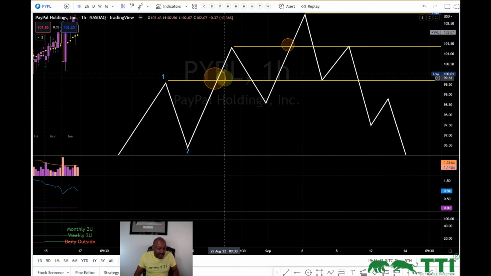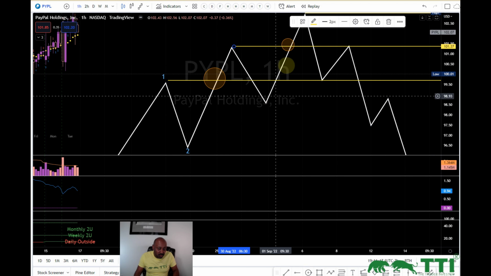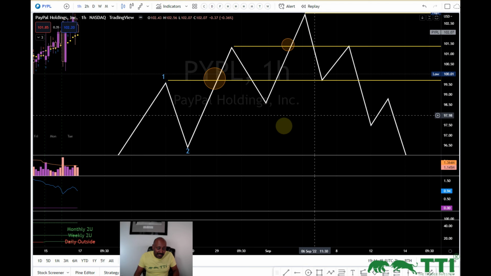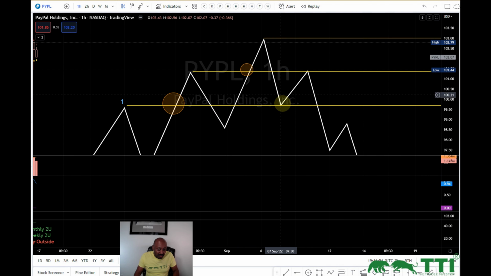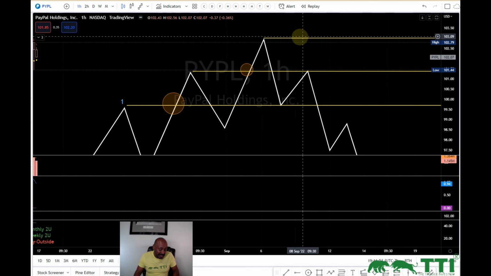When you break your 1, this is when you enter, so the same thing repeats: 1, 2, you enter. In this case, you have a 1, you have a 2, but you never break that 2.